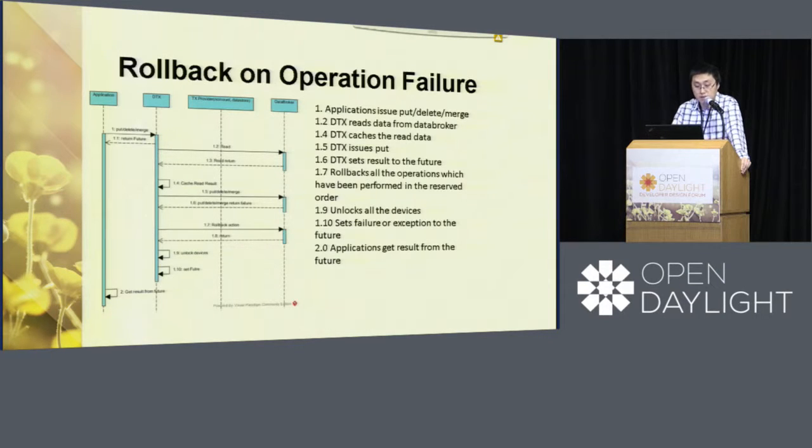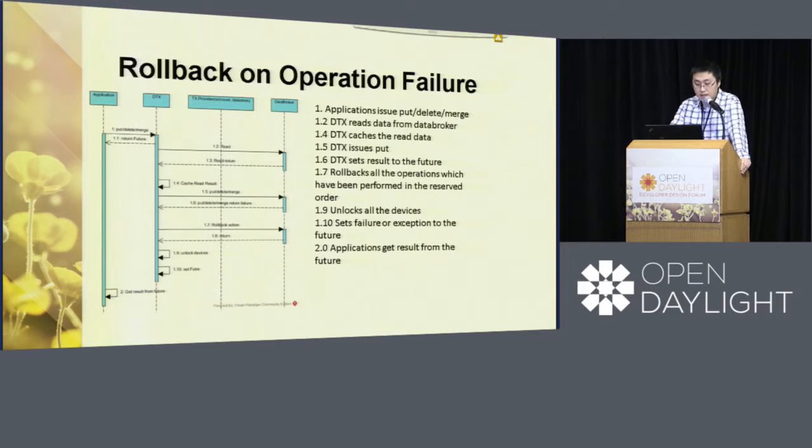So basically what the DTX does is to read all the data from the cache in step 1.4, and all the cache will be read from the cache and written to the data brokers. The data in the cache will be written into the data brokers in a reversed order.